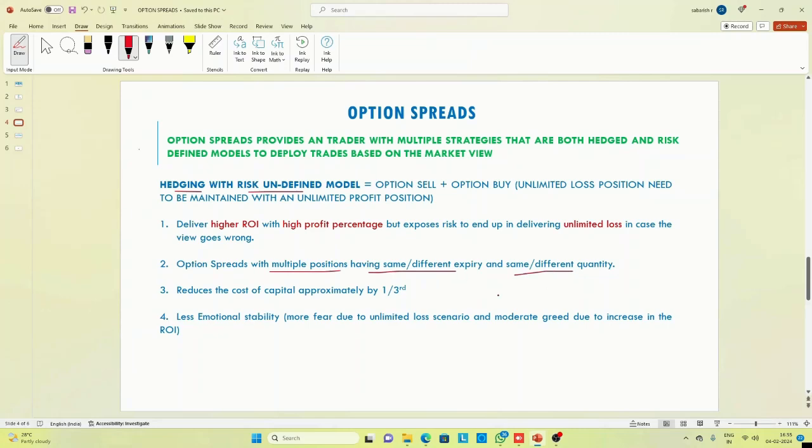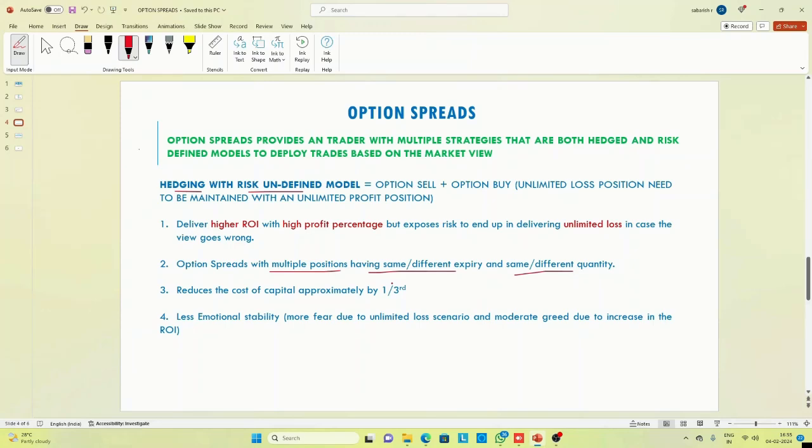In the first model, which is risk defined model, the multiple positions will have same expiry and same quantity, whereas in risk undefined model, the multiple positions within the option strategy will have same or different expiry in combination with a same or different quantity, which we will discuss in detail when we see individual option spreads.